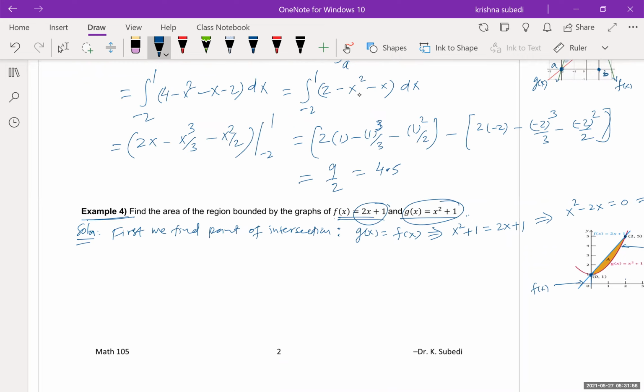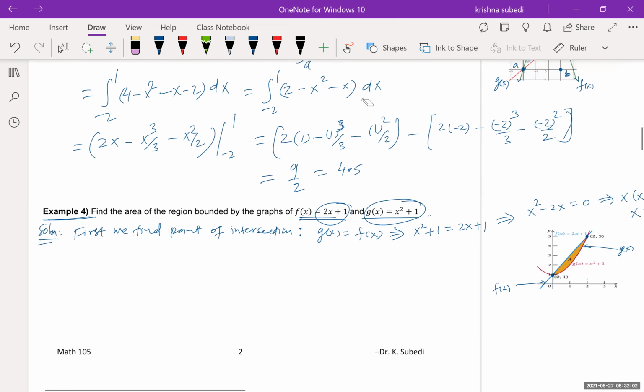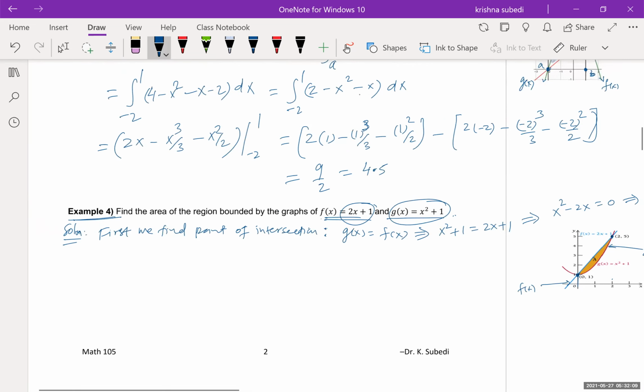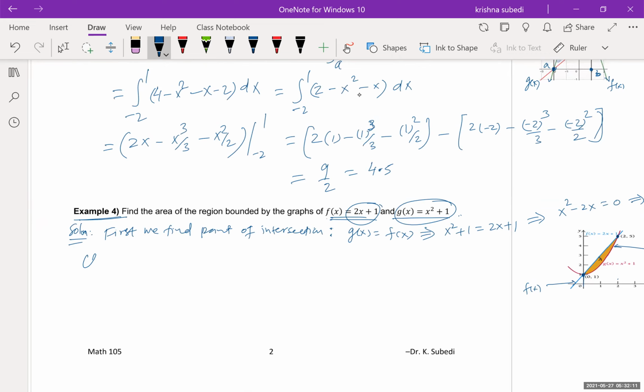So now we need to find, and hold on a second. So now we already know that f is greater than g of x. Clearly, f of x is greater than g of x on the interval 0 to 2.